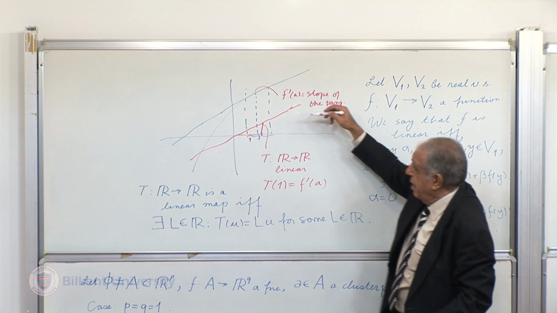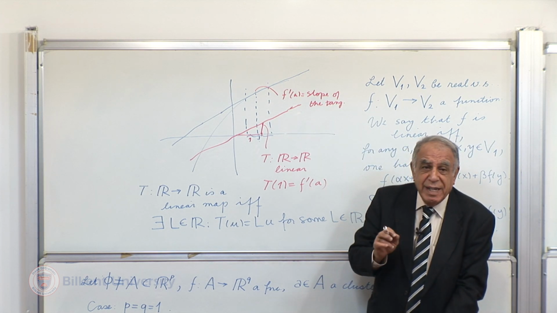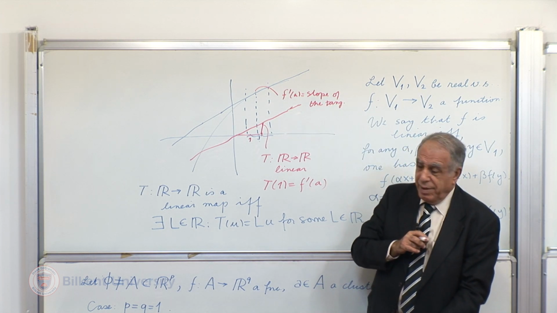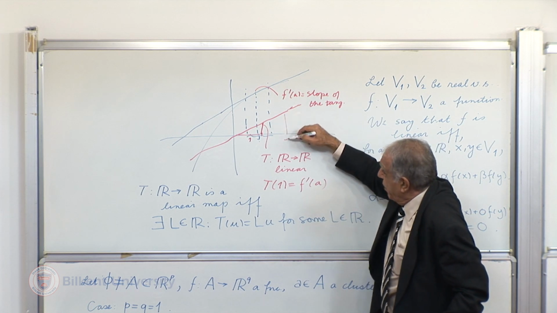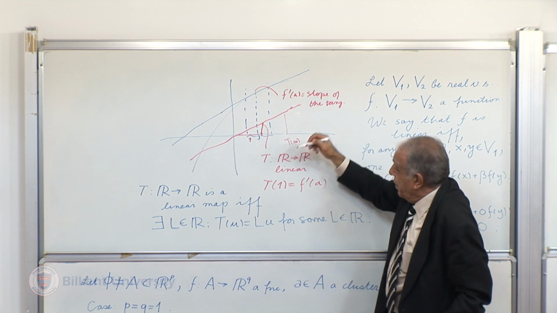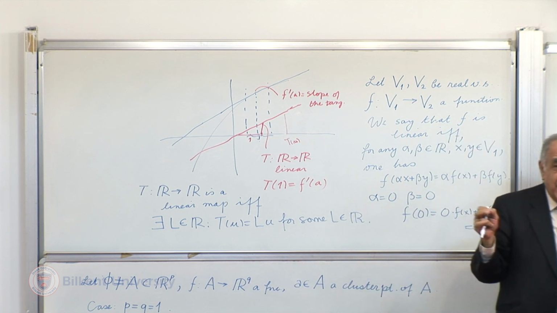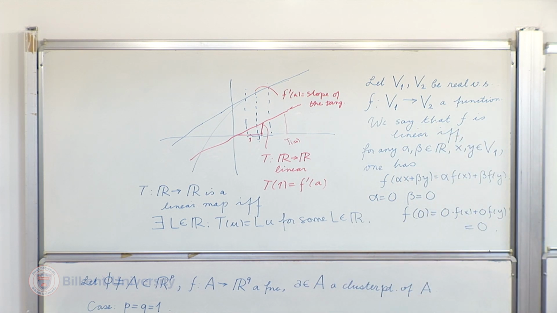unless we also decipher whether T of u has some meaning when u is different than 1, some meaning in terms of the derivative, well, this will be something fancy.